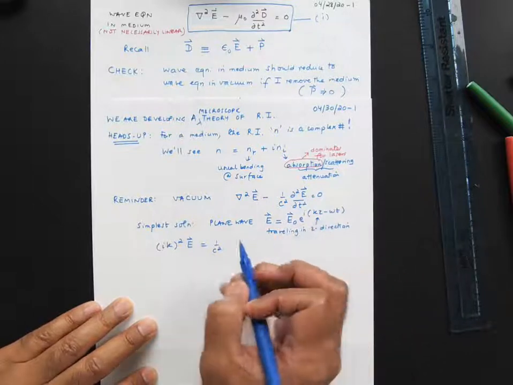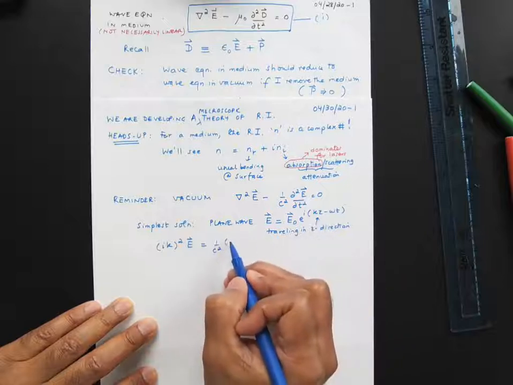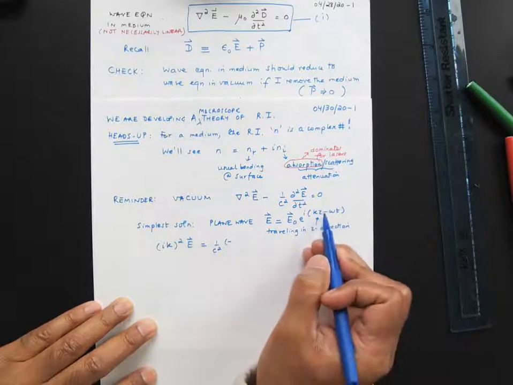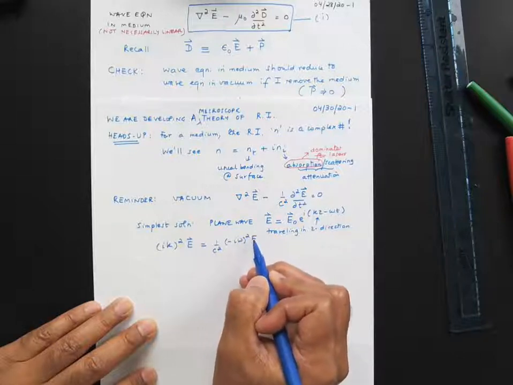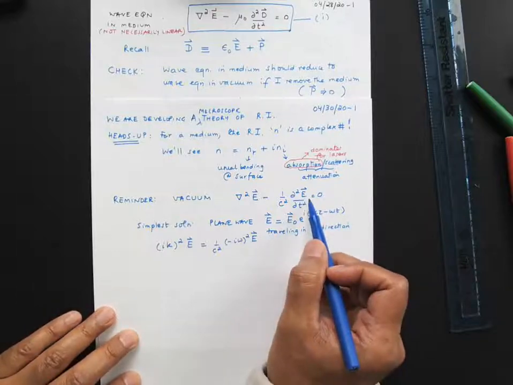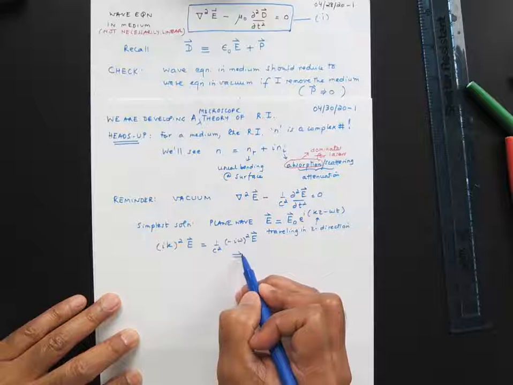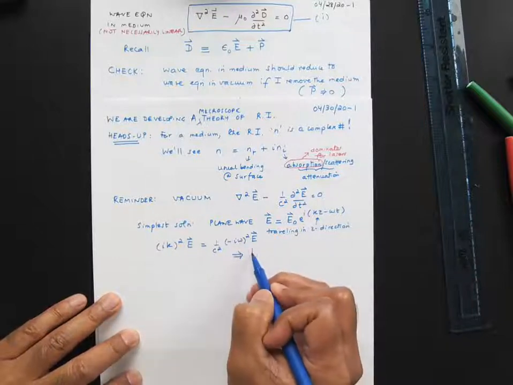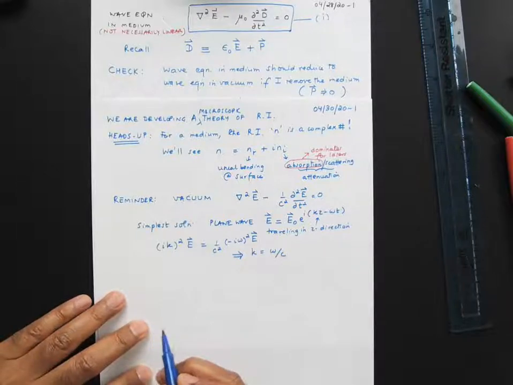Each time you take the time derivative, there's a minus sign, and the i omega comes out on each derivative. So if I plug the solution back into the wave equation, that's what I get. This leads to the well-known relation that k equals omega over c. This is what you expected.